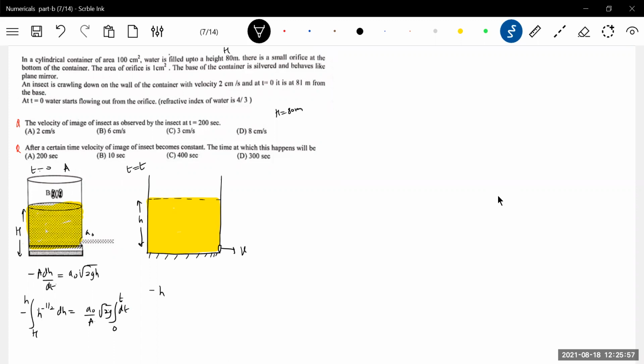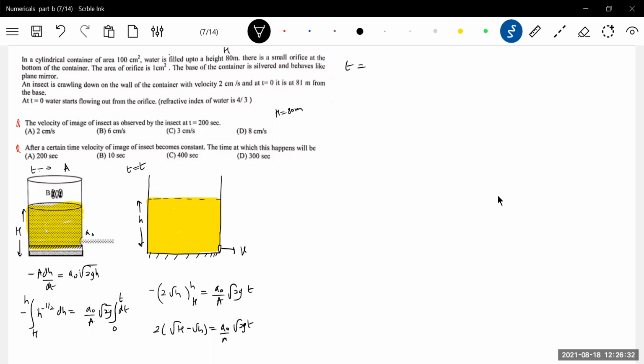Minus 1 by 2 plus 1. Okay, 1 by root h, sorry, into time. So this will become 2 root H minus root h, A by a naught root 2g.